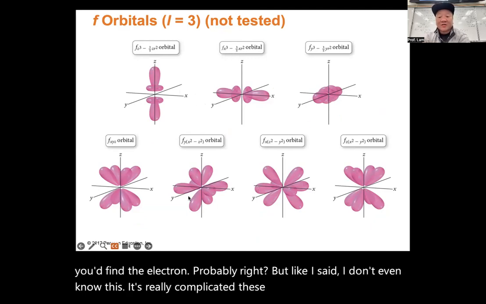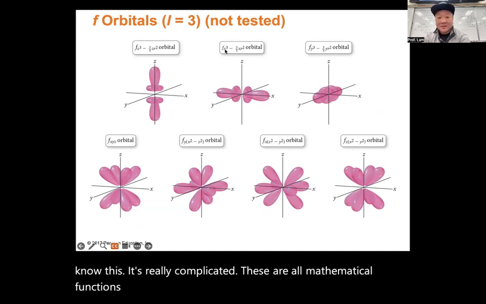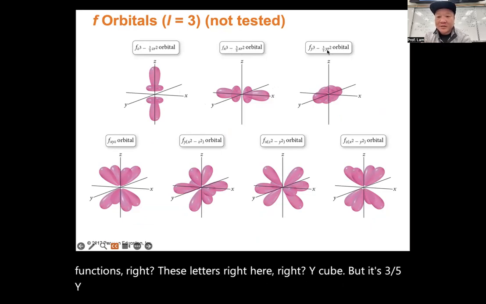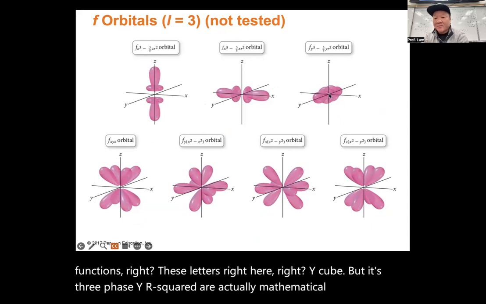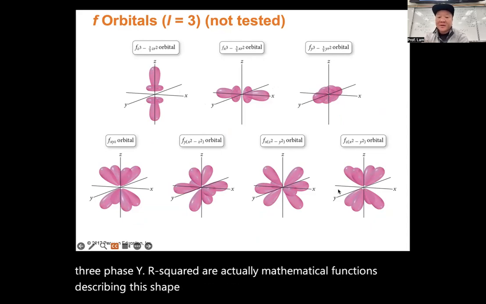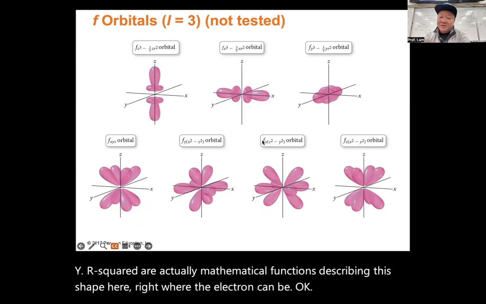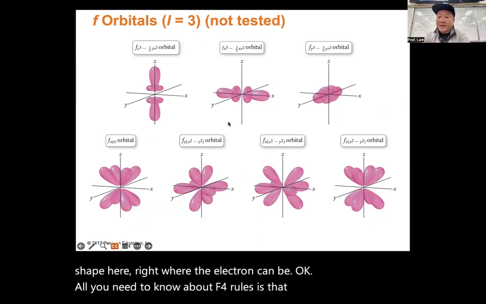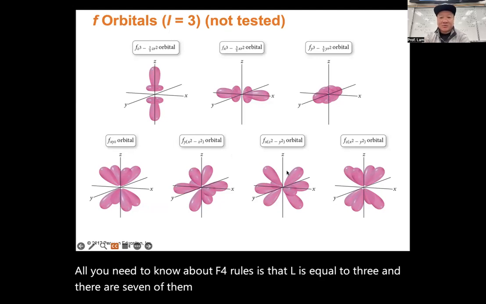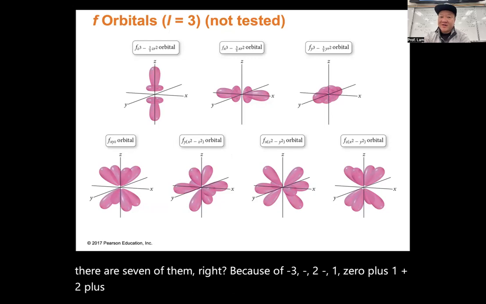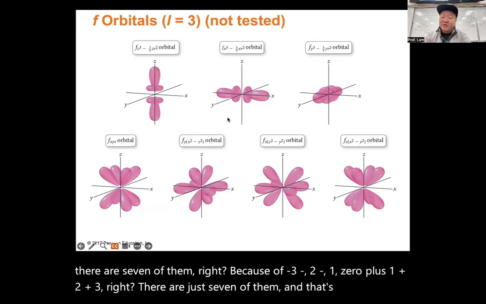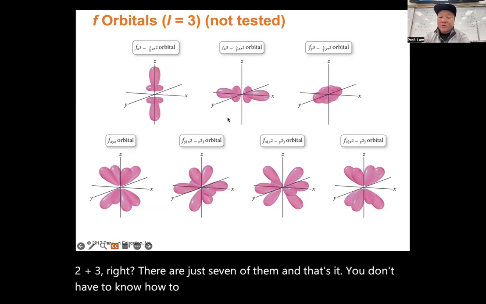These are all mathematical functions, these letters right here, like y cubed minus 3/5 y r squared, describing this shape of where the electron can be. All you need to know about f orbitals is that L equals 3, and there are 7 of them, because of -3, -2, -1, 0, +1, +2, +3. There are just 7 of them, and that's it. You don't have to know how to draw them or what they look like.